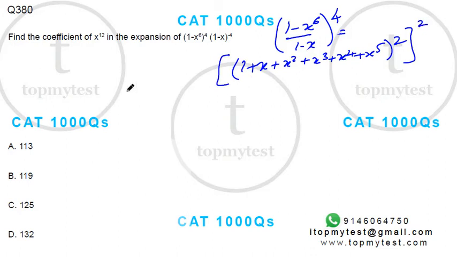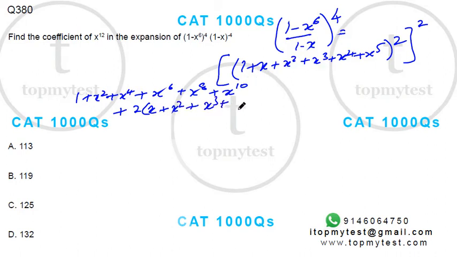Okay, when you square it once, you will get 1 plus x square plus x to the power 4 plus x to the power 6 plus x to the power 8 plus x to the power 10, plus twice of each number multiplied: twice of x plus x square plus x cube plus x to the power 4 plus x to the power 5, plus the second round will be x to the power 3 onward.